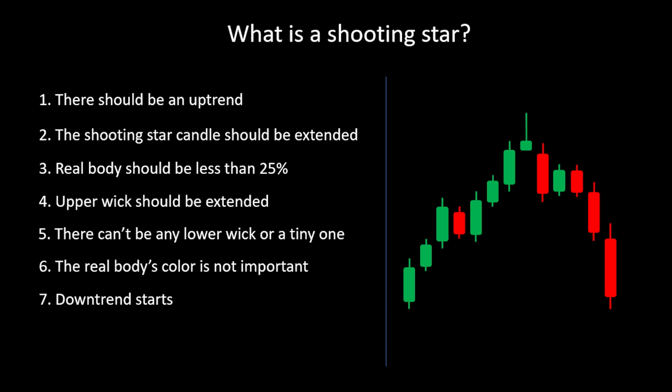The upper wick should be extended too. And there can't be any lower wick, or it can be a tiny one, maybe 4 or 5 points. The color of the real body of this candle is not important. And after that, the downtrend starts.